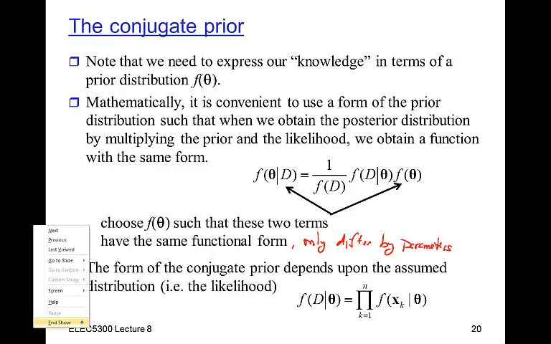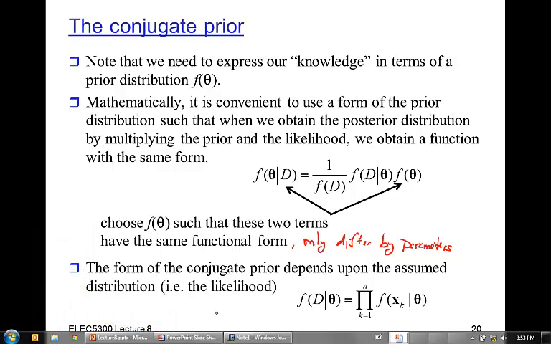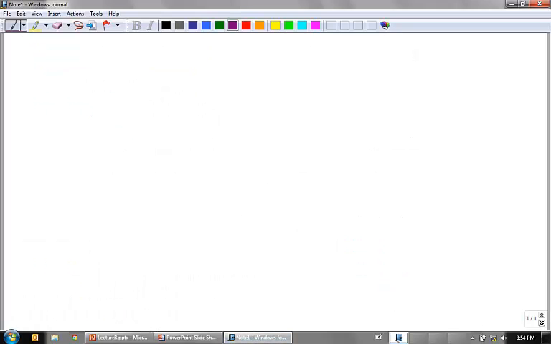In that case, the thought was that maybe initially, if I'm trying to estimate mu, so mu might be the probability of heads, I might have an initial guess about what the probability distribution of this one might be.